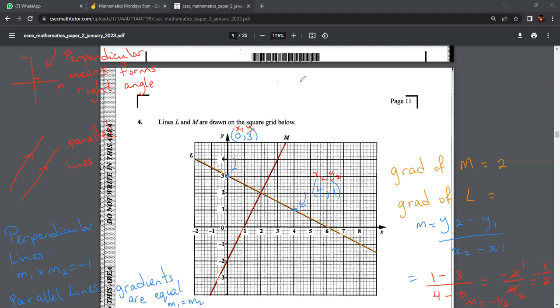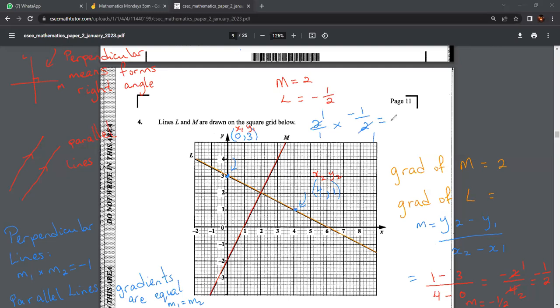So for M, my gradient was 2, and for L, my gradient was negative 1/2. So let's multiply the 2. Gradient 1 times gradient 2. What do you get when I multiply these two? This will cancel with this.